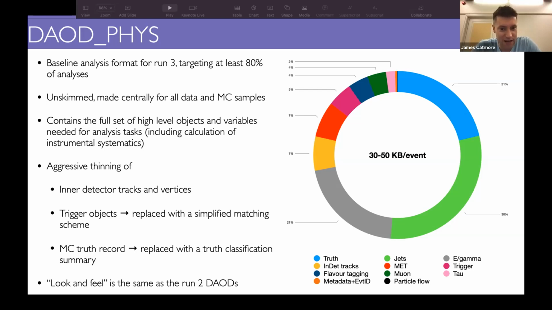We managed to get the size down by making aggressive thinning of inner detector tracks and vertices, which aren't normally needed for most physics analyses, by significantly reducing the trigger information and replacing it with a simplified matching scheme, and replacing the Monte Carlo truth record with a much smaller truth classification summary. The look and feel of this is quite similar to the run 2 DAODs, and you can see the breakdown of the different contents in the pie chart.